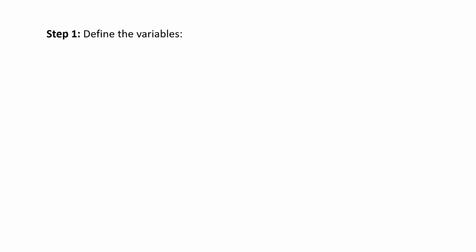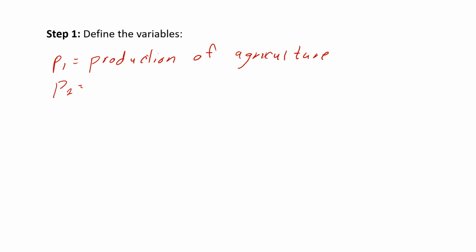So step one is to define the variables. We write down exactly what our variables are for production and surplus. P1 is the amount of production of our first sector, which was agriculture. P2 is the production of our second sector, which is manufacturing.